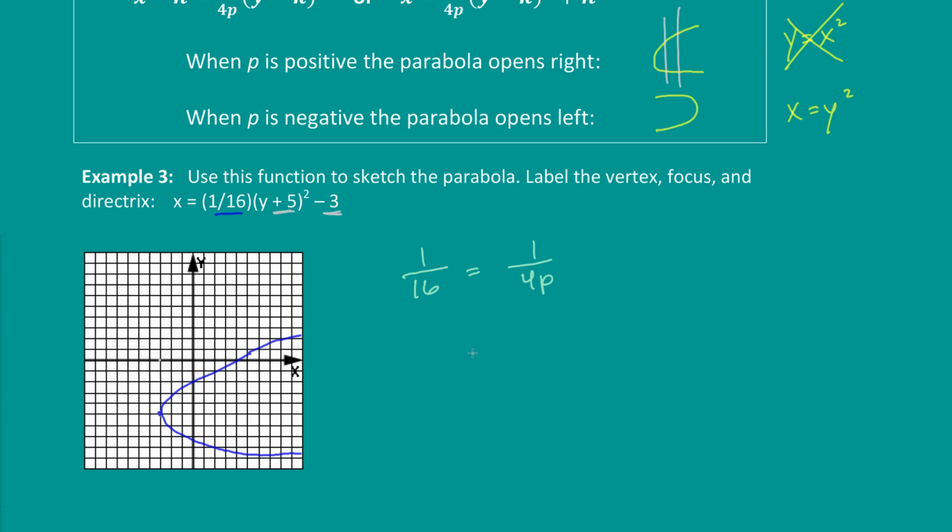So if we cross multiply this, we get 4p equals 16. Divide both sides by 4, and you get p equals 4. So that would mean that our focus is 4 in from the vertex, and our directrix is 4 out from the vertex.